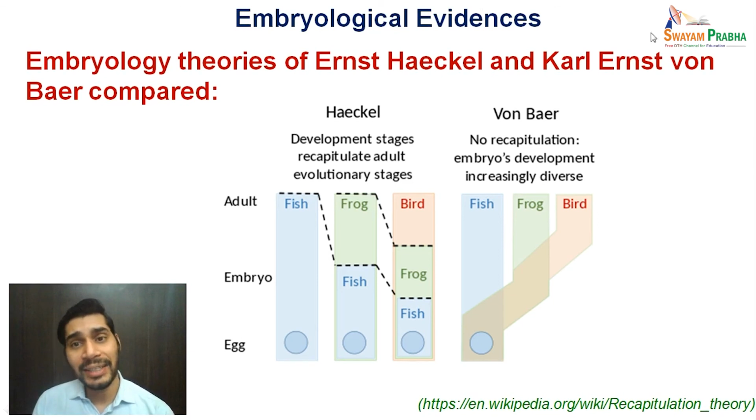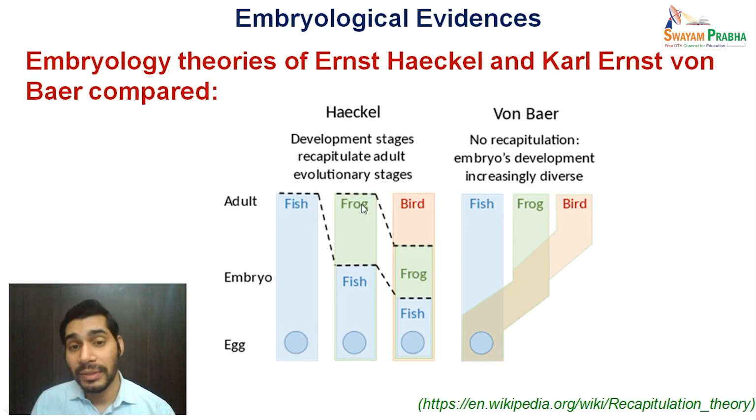How Ernst Haeckel and von Baer differ in their theories is, according to Haeckel, the developmental stages recapitulate adult evolutionary stages. If you compare the egg, embryo and adult of fish, frog and bird, this is the egg of fish which undergoes an embryonic stage and forms the adult fish.